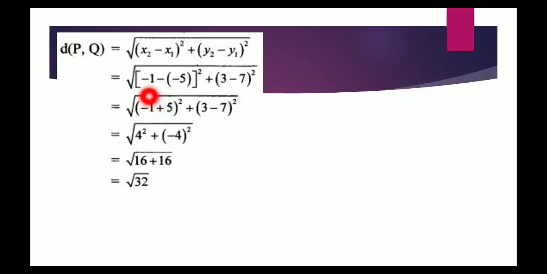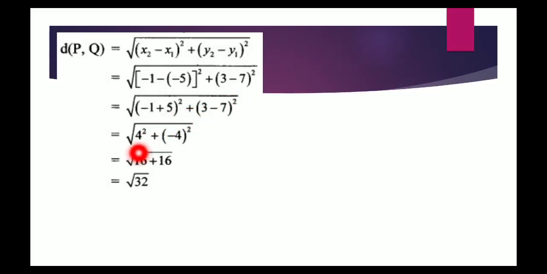Now we are going to substitute the values. Root of x2 value, minus 1, minus x1 value, minus 5, the whole square, plus y2 value, 3, minus y1 value, 7, the whole square. By doing the calculation, minus into minus will become plus. So minus 1 plus 5 the whole square plus 3 minus 7 the whole square.